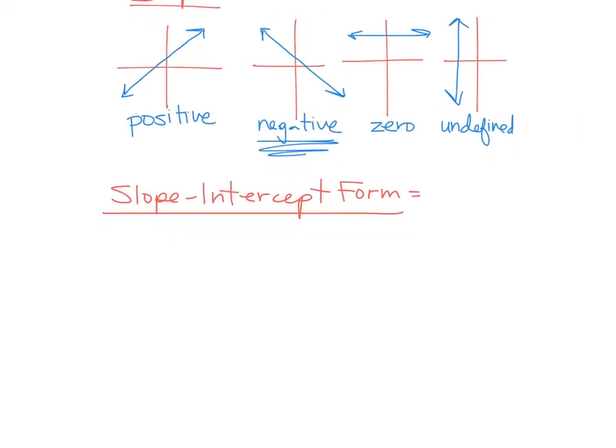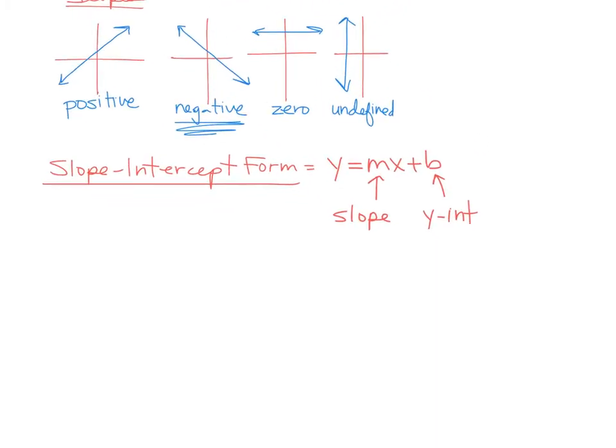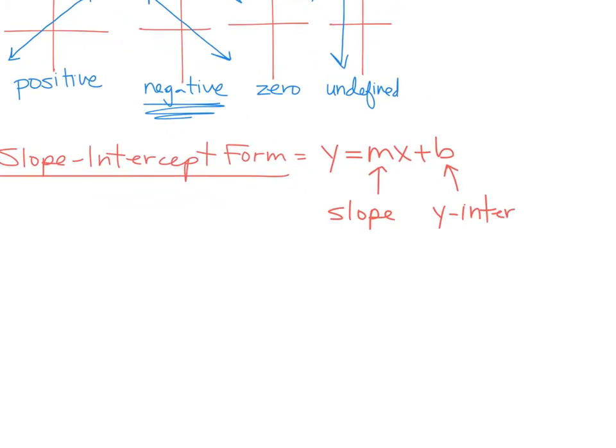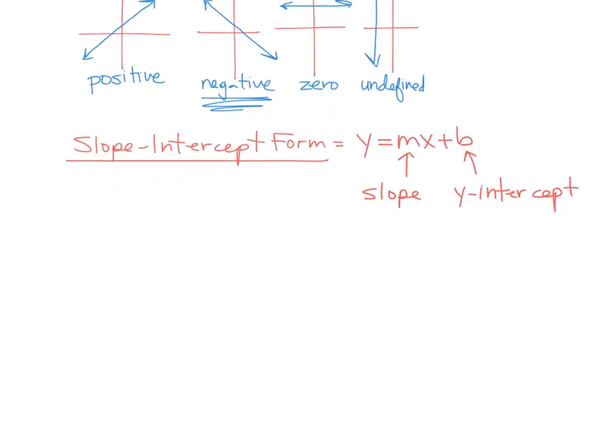Do you remember? That's the one that's y equals mx plus b. What does m represent? The slope. What does b represent? That's the y-intercept. Okay, so that's slope-intercept form.